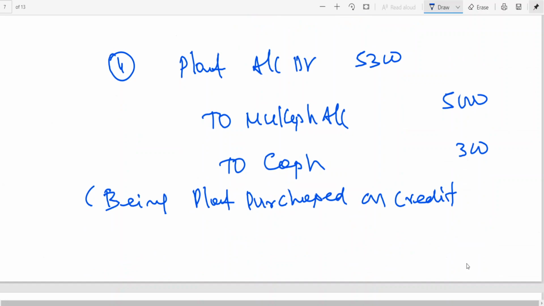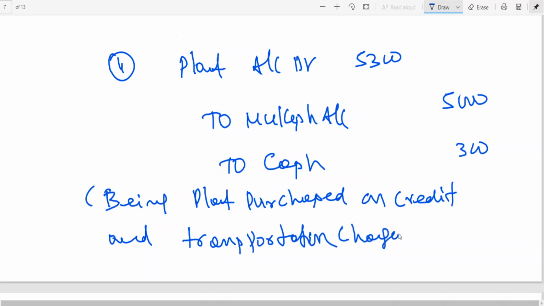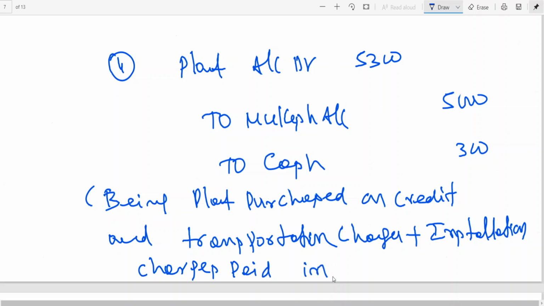Being plant purchased on credit, and transportation charges plus installation charges paid in cash, added to asset. What is the name of the asset? Plant.